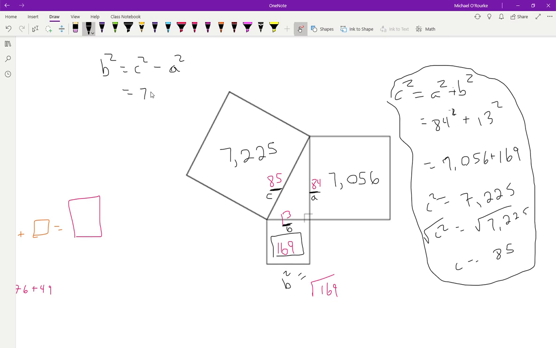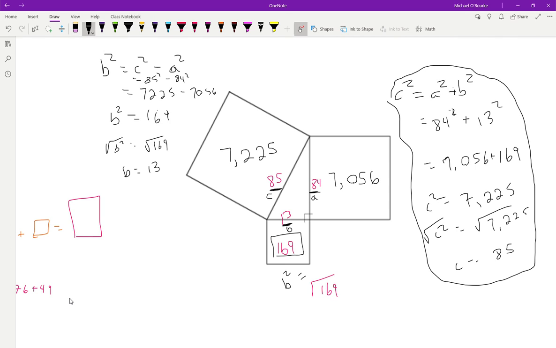C squared is 7225 minus, oops, I missed a step, 85 squared minus 84 squared, 7056. That's what you guys have done multiple times for me. But we just used a visual instead of a formula.